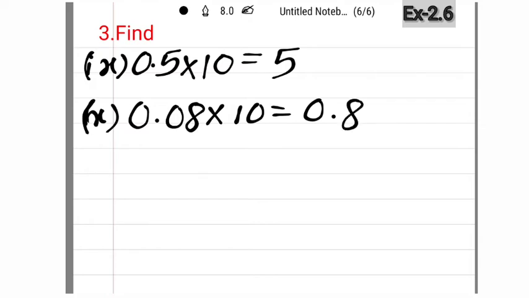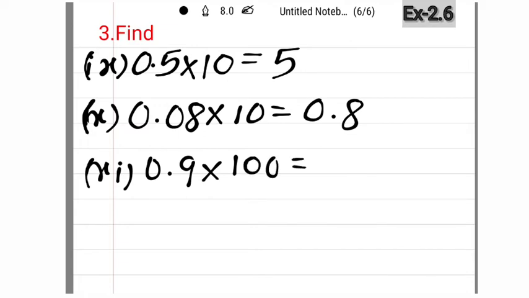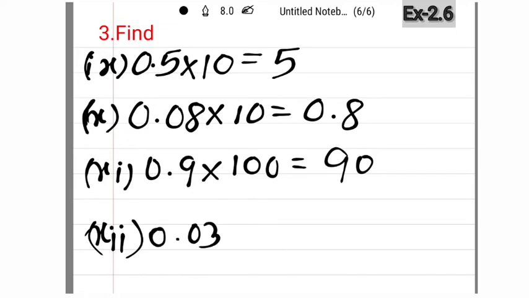Now come to the next bit XI. Your question is 0.9 into 100. Here it is shifted 2 digits to the right, and your answer is 90. And your last bit XII. 0.03 into 1000. Here it is shifted 3 digits towards right. Your answer is 30.